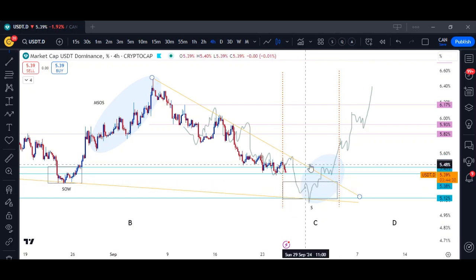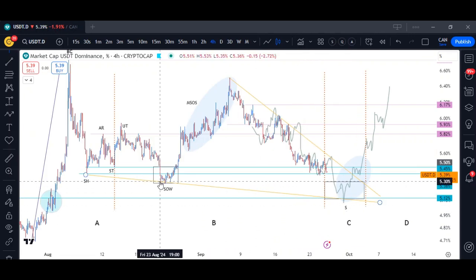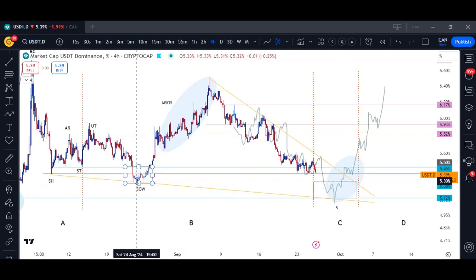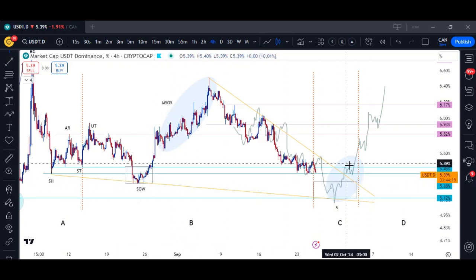actually play and trade in phase C, which is very critical because at this point, the market could go below this sign of weakness in order to gather more momentum.